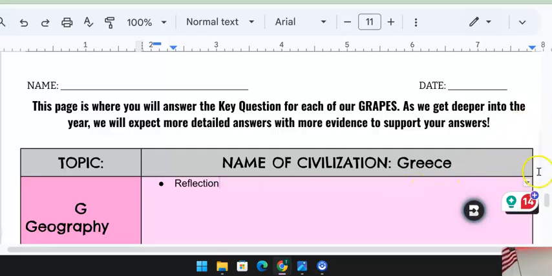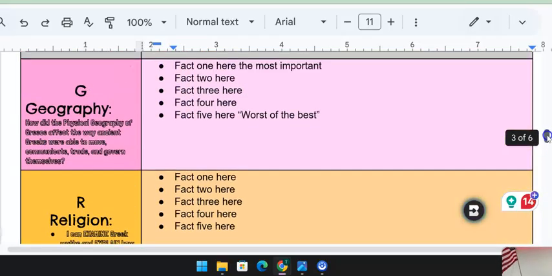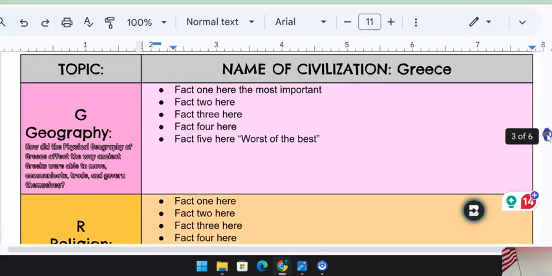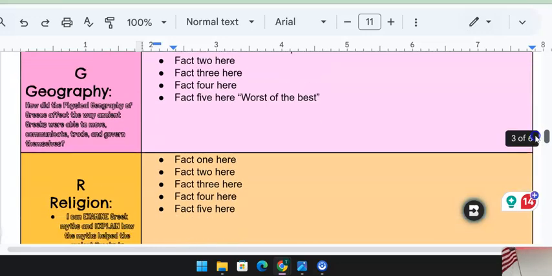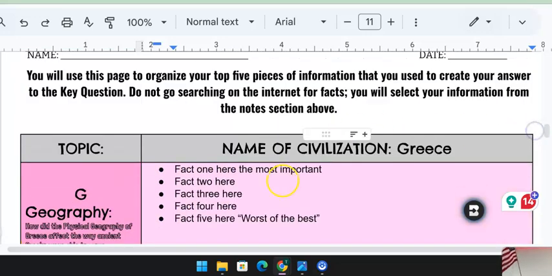A good answer will use our information from this grapes chart. You do not need to go and find any new facts. You should have all the information you need in your prior knowledge and here. So you will use your evidence that you have identified here to help you to answer this question.